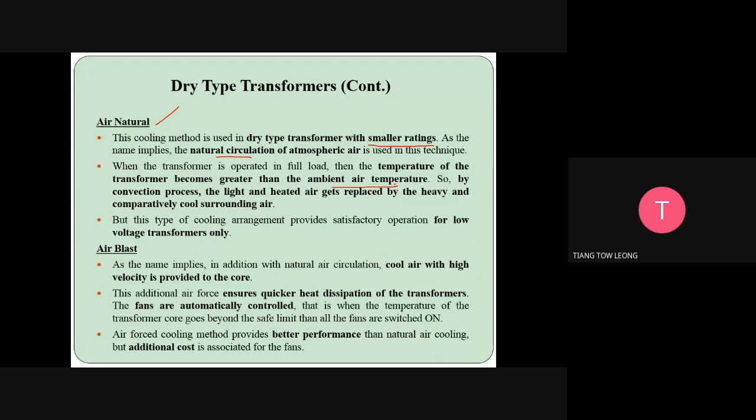If it's greater than the ambient air temperature, then by the convection process, the light, heated air gets replaced by the heavier, comparatively cool surrounding air.